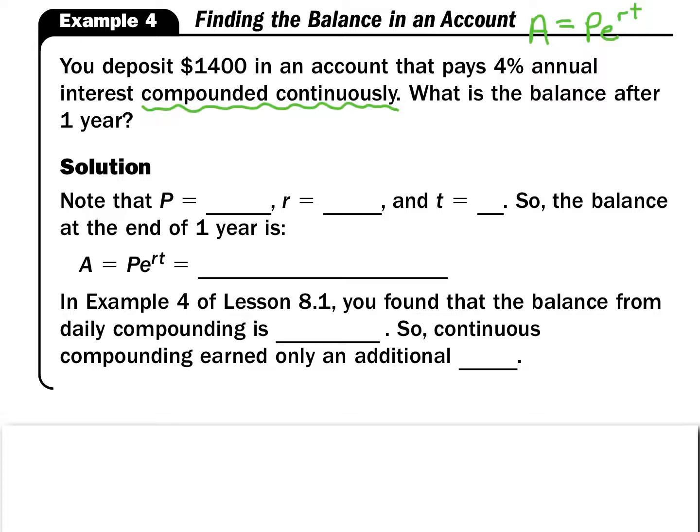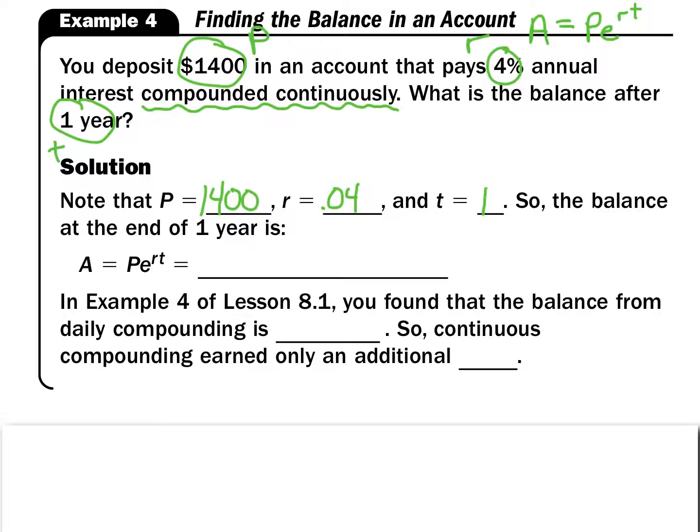In the setup, we have a deposit of $1,400, which is our P, into an account that pays 4%, which is our r, and we want to find the balance after 1 year, so that's our t. So P equals 1,400, r equals 4%, which is 0.04, and t equals 1 year.